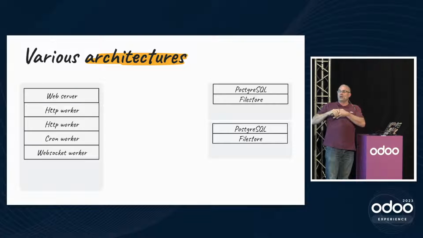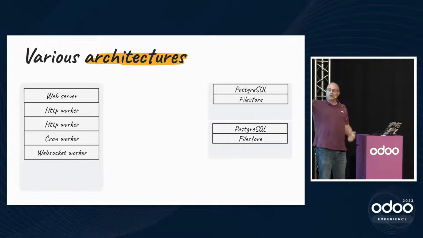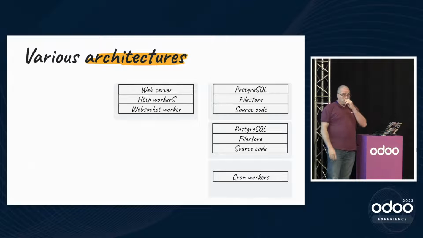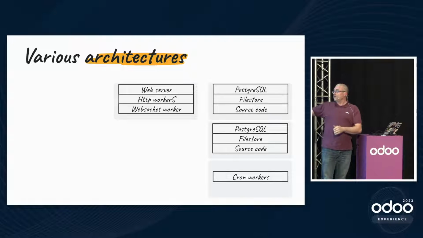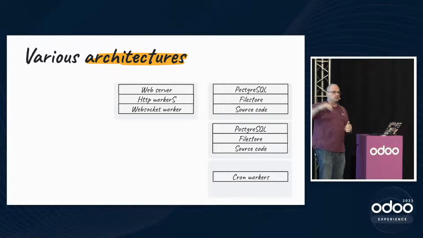Another improvement we can do is split between Odoo and the crons. We can put the crons on their own machine. So we'll deploy the cron on their own machine and let only Odoo live with the HTTP workers, the WebSocket worker, and the web server on its own.